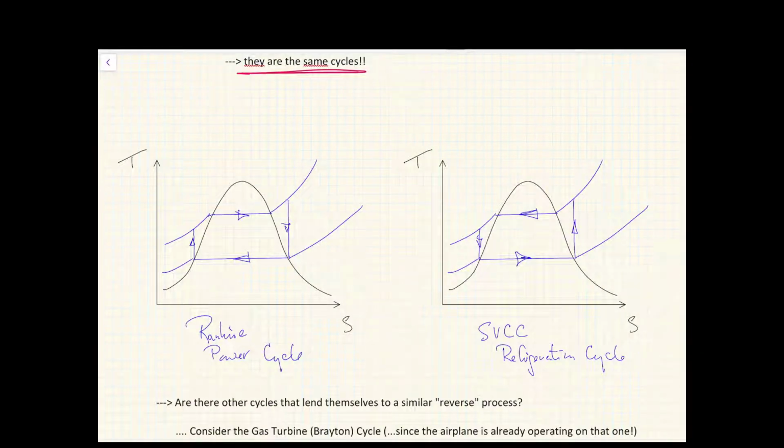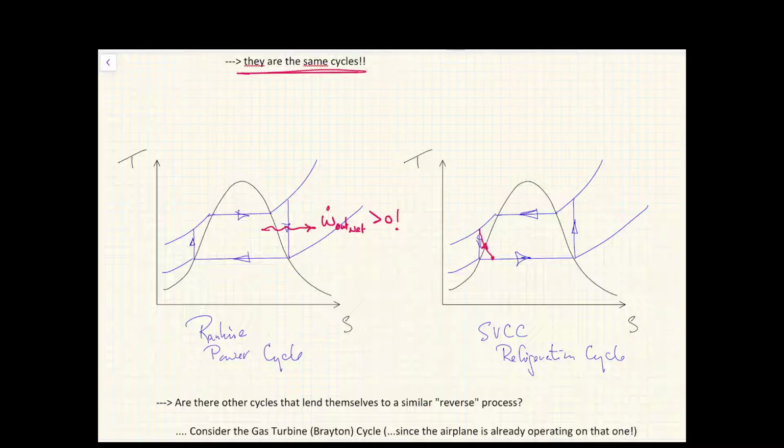In the case of the Rankine cycle, of course, we're running clockwise because we're producing power, and so the net effect is work dot out net is greater than 0. And in the case of the SVCC, of course, the expansion turbine here is really a throttling valve, an expansion valve, so it doesn't quite look like the Rankine power cycle in that respect.